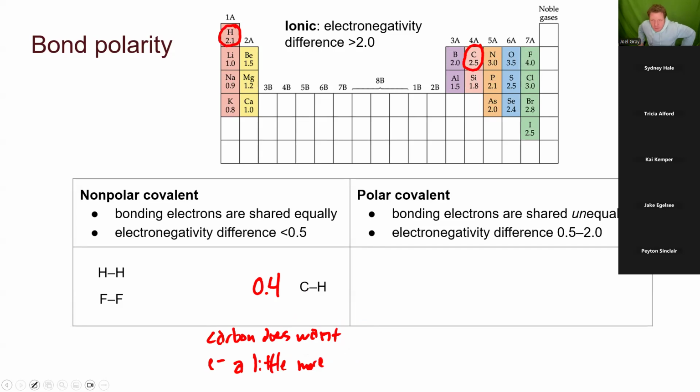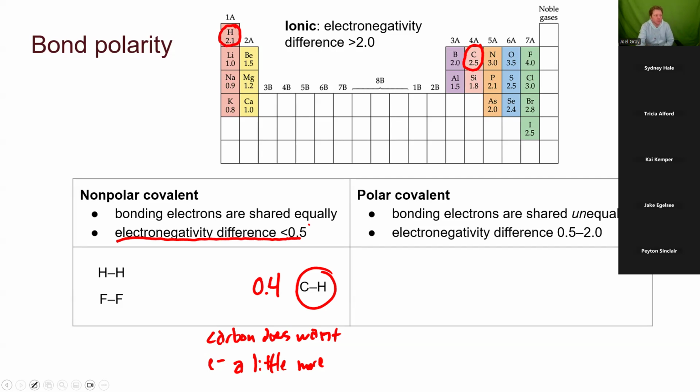Carbon does want those electrons a little bit more than the hydrogen, but whenever we're looking at those differences, you're absolutely right, it's not enough. What we're looking for is the electronegativity difference, and we want to see that the difference is less than 0.5. 0.4 is less than 0.5. So we classify this bond, the CH bond, as a non-polar bond. It's almost like, yeah, they're sharing, but it's not really anything to be alarmed about.